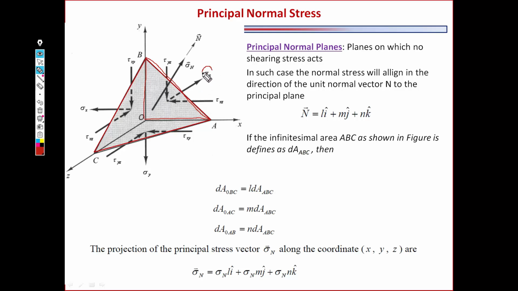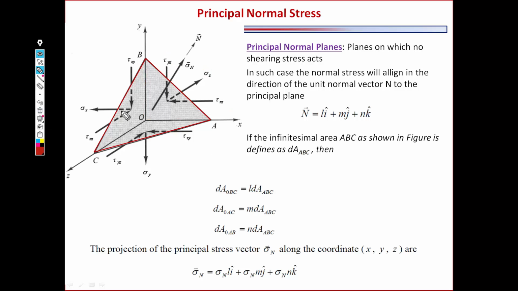The first stress is the normal stress, which is represented by sigma zz. The other two shearing stresses acting on this particular plane are tau xz and tau yz.